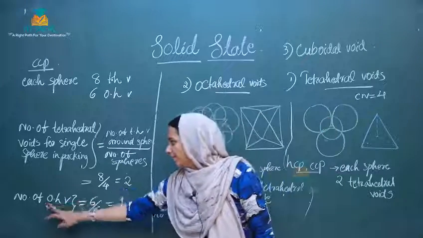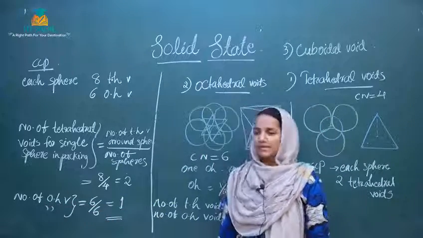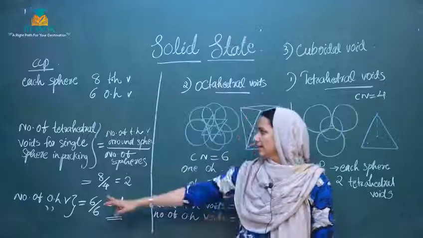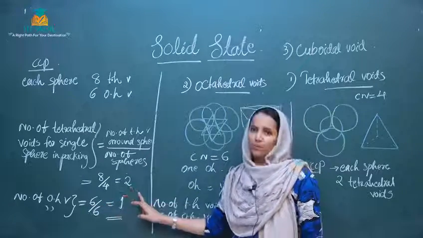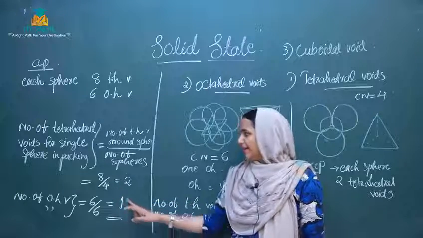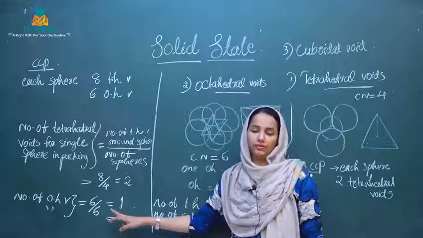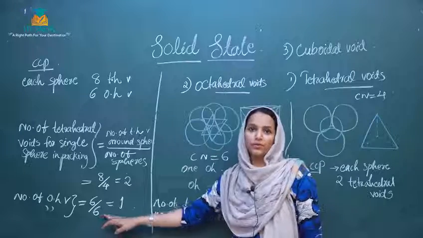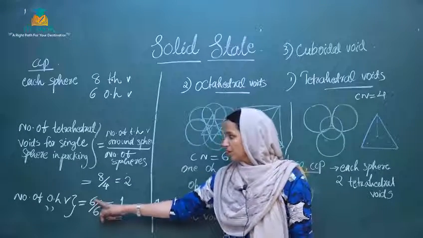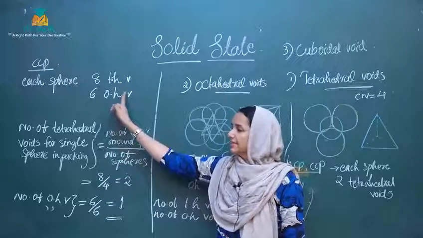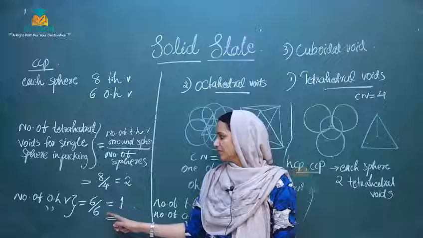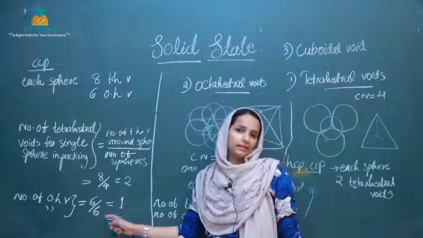Then what about the number of octahedral voids for a single sphere in packing? That is the same formula: the number of octahedral voids around a sphere divided by the number of spheres for an octahedral void. The number of octahedral voids is equal to 6 in case of CCP. So 6 divided by how many spheres we need for forming an octahedral void?